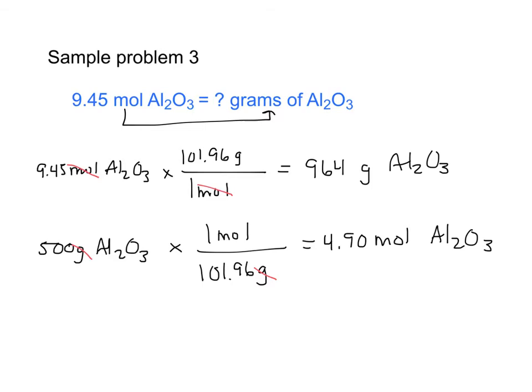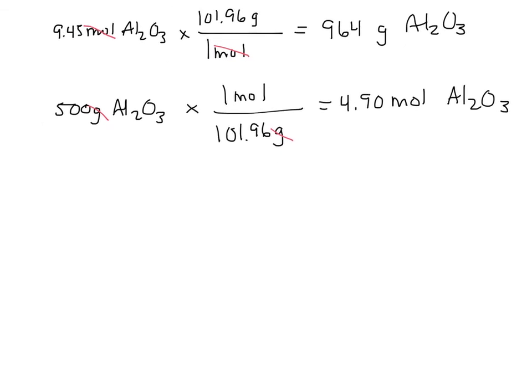So to summarize, for the mole to mass relationships, what you want to do is keep in mind what you are trying to go to. So in my fraction, if I want to get to my mass, I'm going to have my molar mass on top over my 1 mole, because I want my moles to cancel.